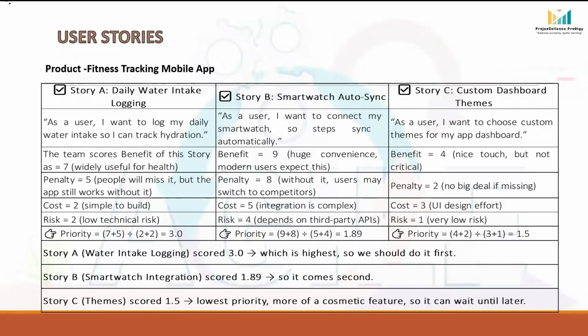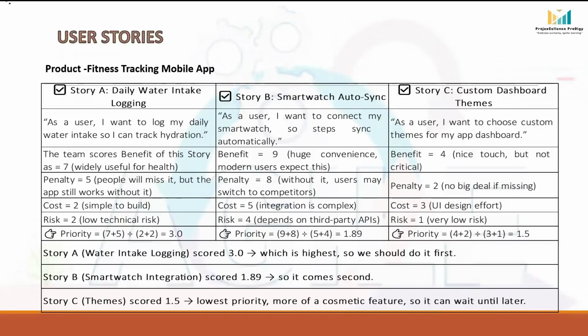And cost they score 5 because integration is complex. And risk they score 4 because this depends on third-party APIs. So priority we can calculate for this user story: 9 plus 8 whole divided by 5 plus 4. The answer is 1.89.